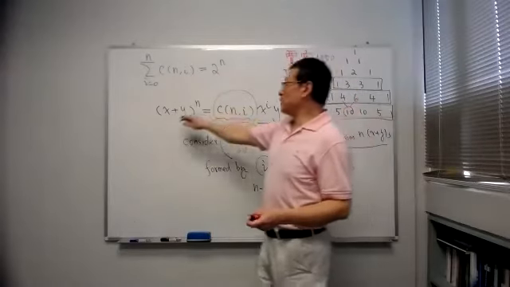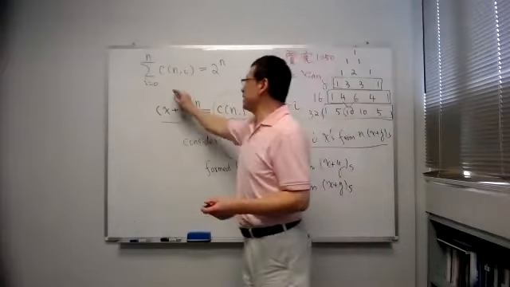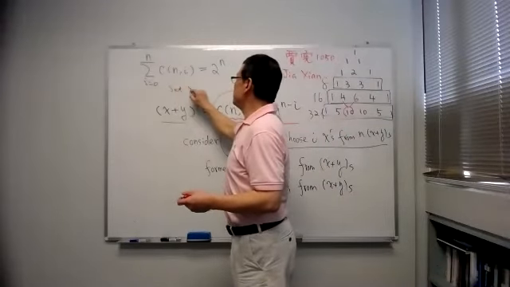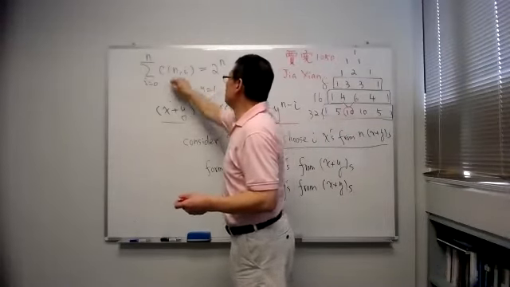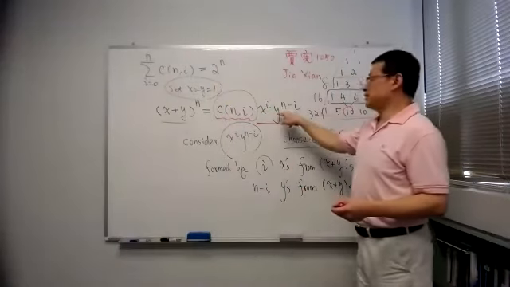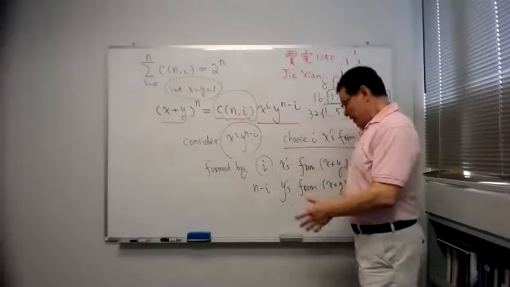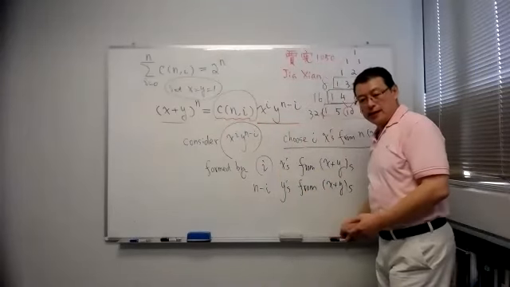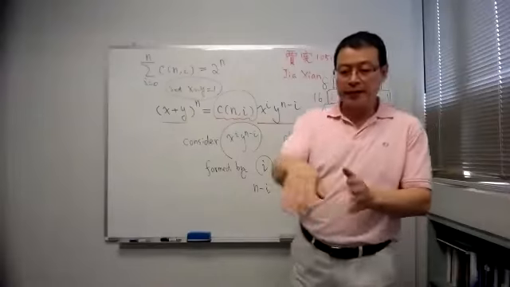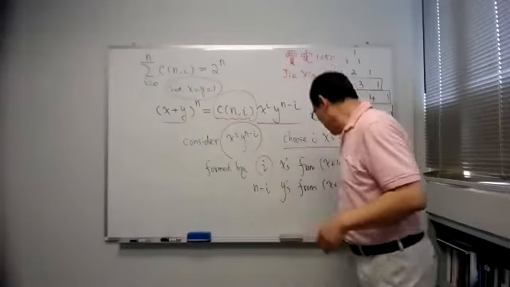Of course, from this formula it's very easy to obtain this one. We set x equal y equal 1. So this part is 1, and this part is 2 to the power n. All right, I think I will stop here. There's another formula which is easy, I will just write it.